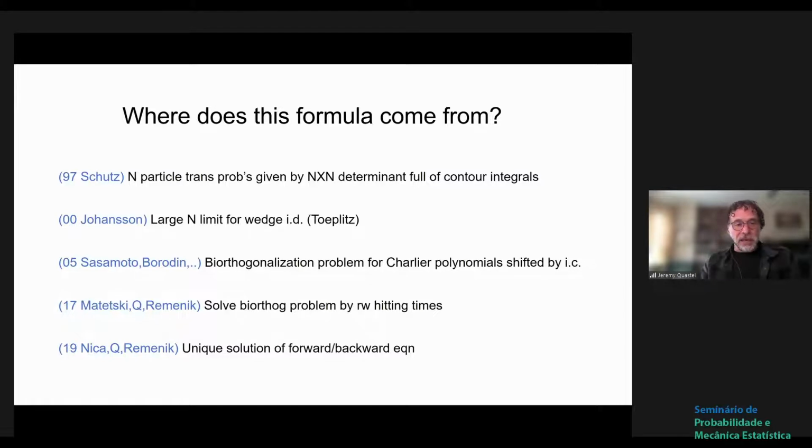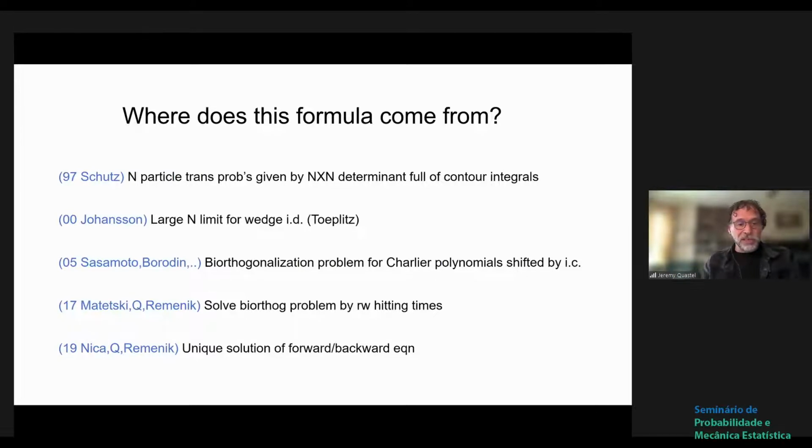Except in one case, if you have wedge initial data, which for TASEP just means all particles packed into the negative Z and no particles in the positive Z. Then it turns out that this matrix has a Toeplitz structure, and taking large n limits of Toeplitz matrices is a classical problem that Johansson was one of the world experts in, and so he was able to take the large n limit and discover this GUE trace-equilibrium distribution.